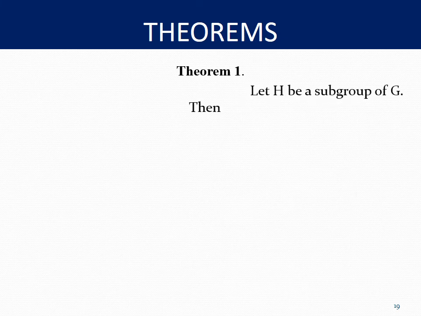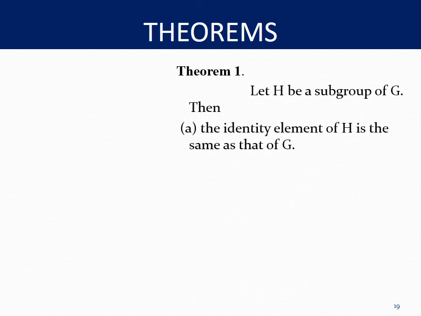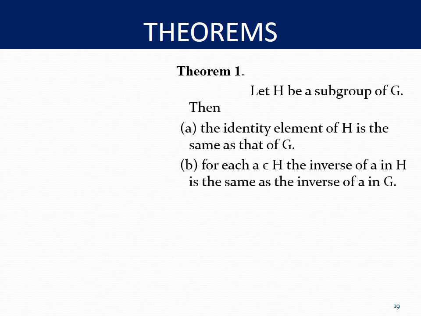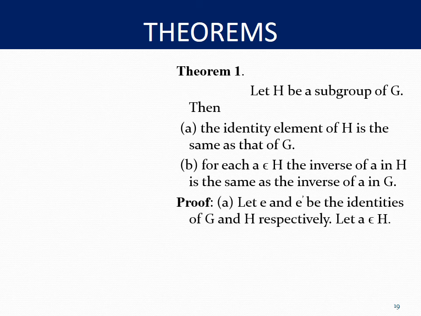Theorem: Let H be a subgroup of G. Then (a) the identity element of H is the same as that of G, and (b) for each a in H, the inverse of a in H is the same as the inverse of a in G. Proof: Let e and e' be the identity elements of G and H respectively.